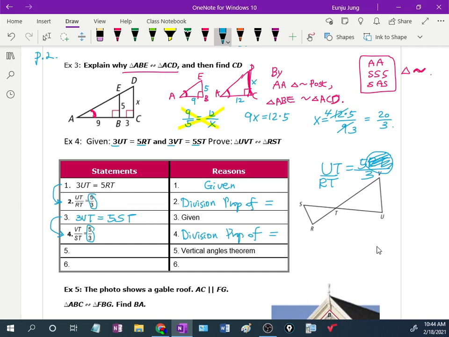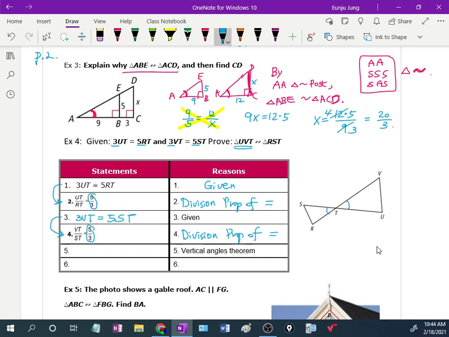And we have one more piece of information from this drawing. What is the common information from this? By using the vertical angles theorem, we can say these two angles are congruent to each other. So let's name it, okay? Which part do we start first? Let's see the question. UVT, the big one first, okay?